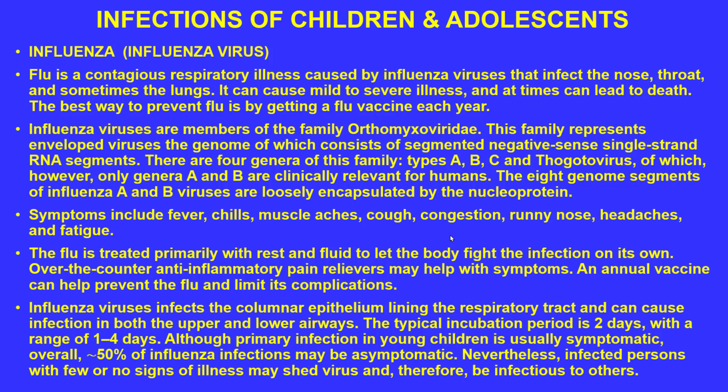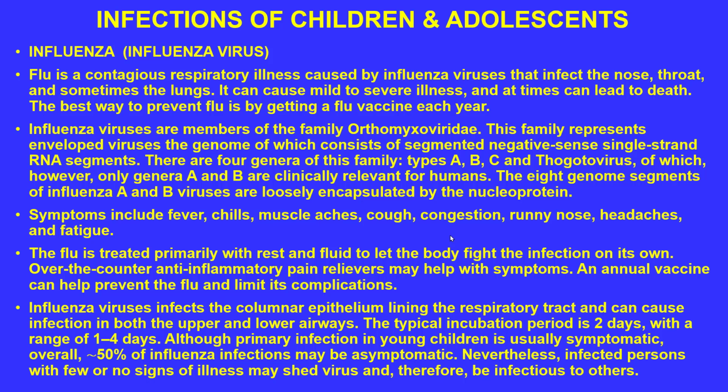The flu virus will infect the columnar epithelial lining of the respiratory tract and can cause infection in both the upper and lower airways. The typical incubation period is 2 days, with a range of somewhere between 1 and 4 days.